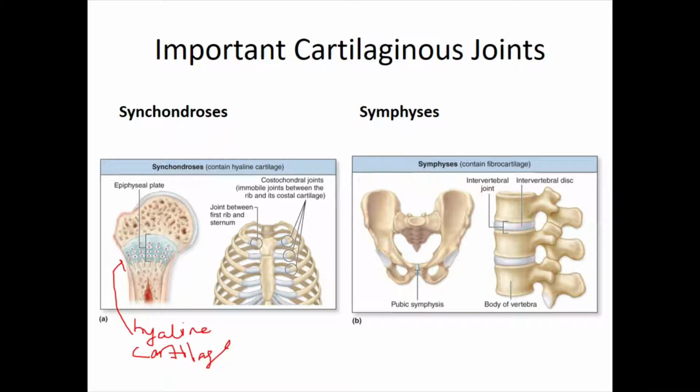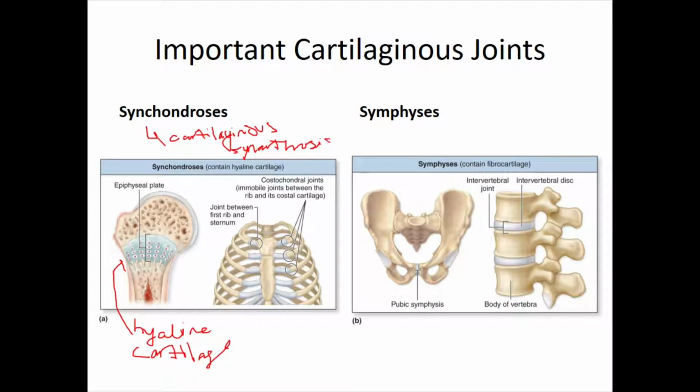Costal cartilage is something that you'll need to know for lab also. But that is a synchondrosis. Synchondrosis, how would we classify that? Well, it is a cartilaginous joint. And how would we classify it with the mobility? We would classify this as a synarthrosis.